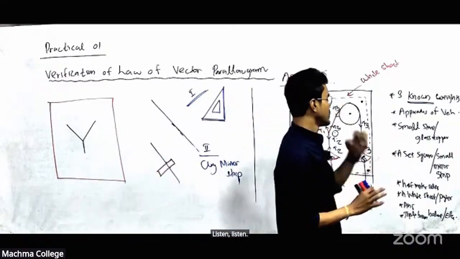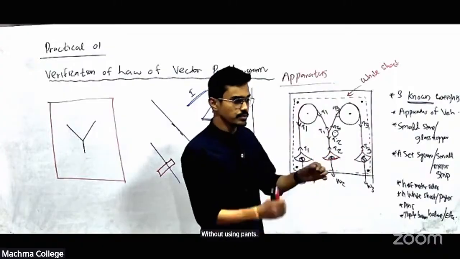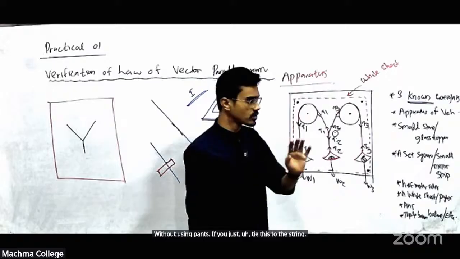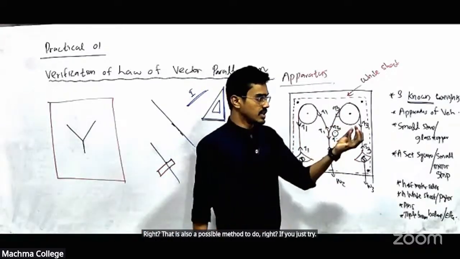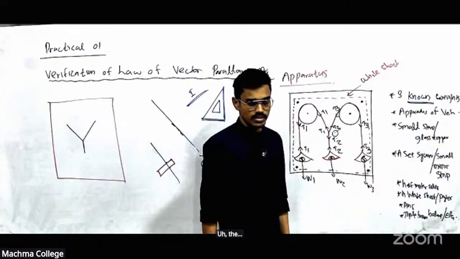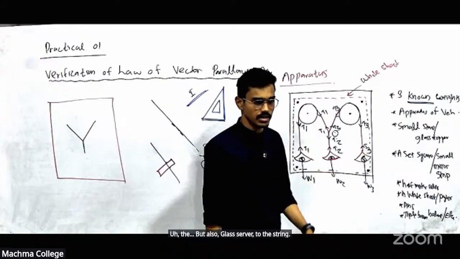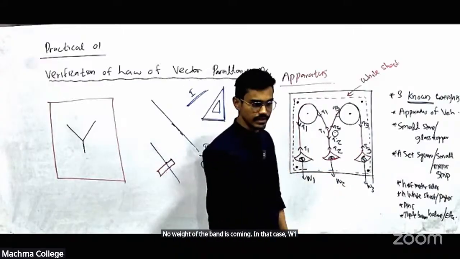Now, without using pans, if you just tie this to the string, that is also a possible method to do. If you just tie the glass stopper to the string, no weight of the pan is coming. In that case, W1 and T1 are exactly equal.